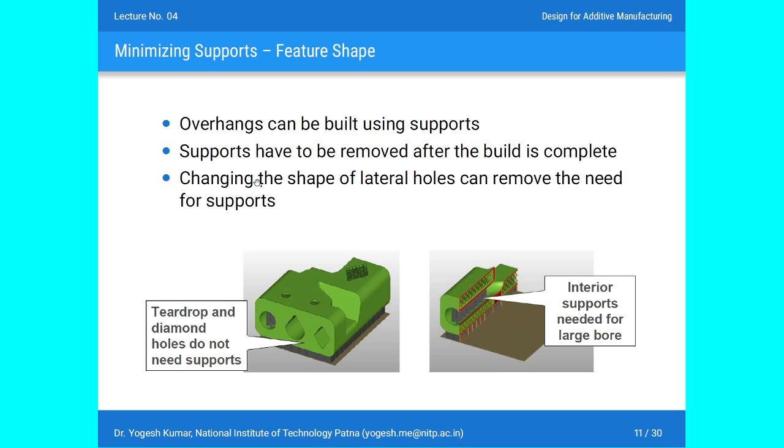So you can reorient your part in such a way that your overall overhang angles are reduced, or they are less than 45 in your whole component which needs to be printed.